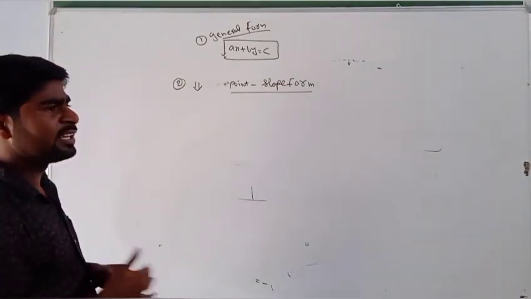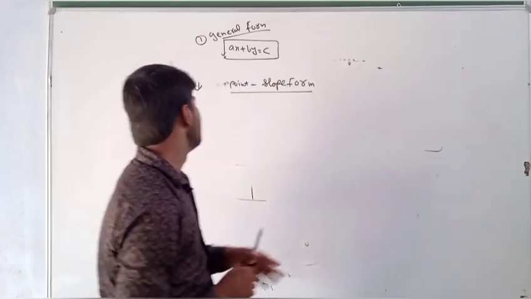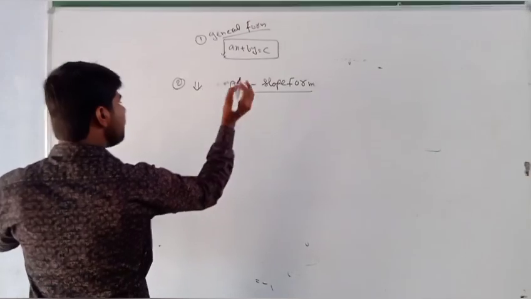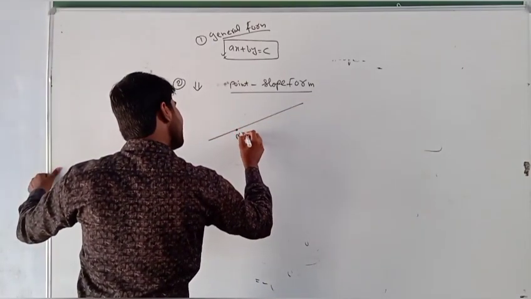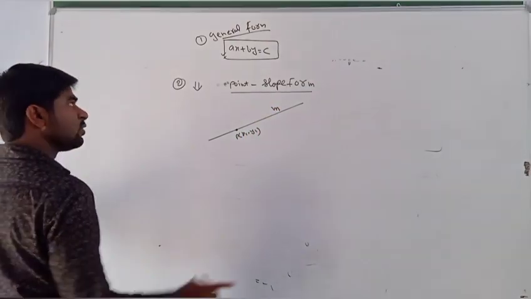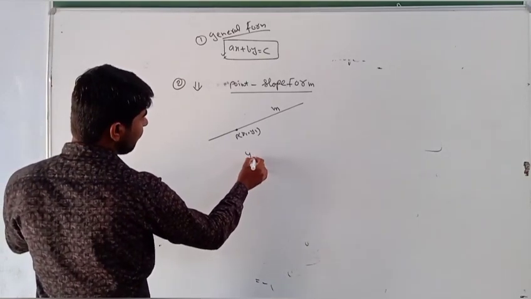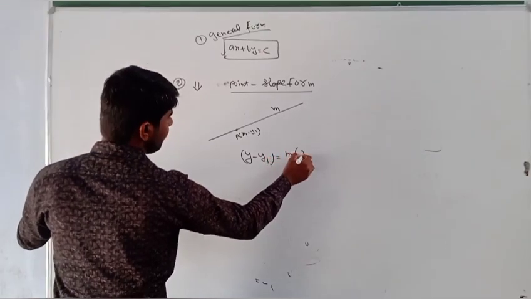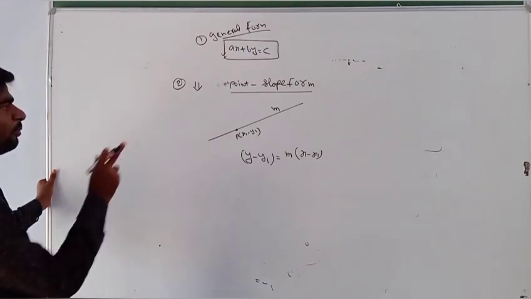We will discuss it further when we understand the concept of parallelism and perpendicularity. So if a point P (x1, y1) is given and the slope of the line is m, what will be the equation of the line? The equation of the line will be y minus y1 equals m times x minus x1. So the second form is point slope.